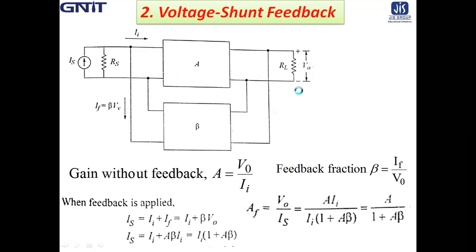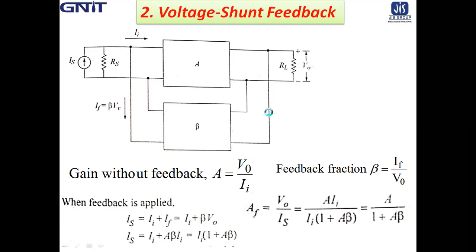Here a part of the output voltage V0 is fed back in shunt with the input current signal Is. For this topology, the gain of the feedback amplifier has the dimension of impedance, because here the input is a current source and the output is a voltage, so voltage by current, so it is an impedance.